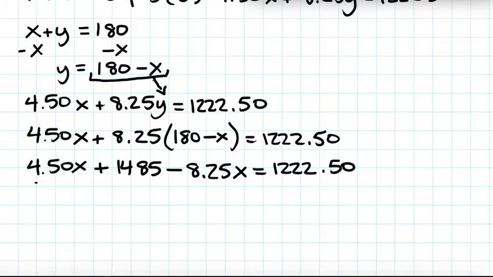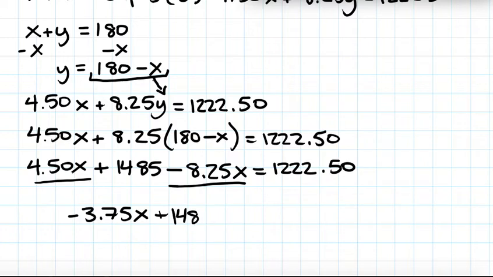I need to combine like terms, these two. Adding those together gives me negative 3.75. Subtract 1,485 from both sides.